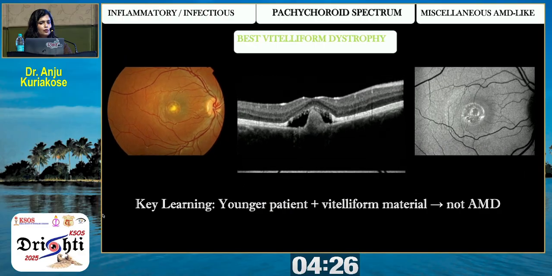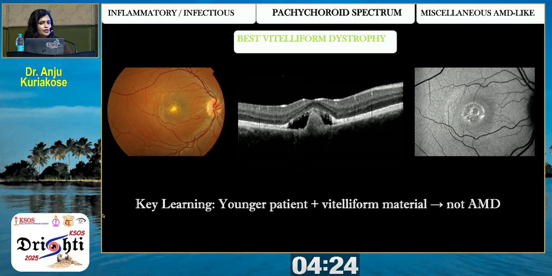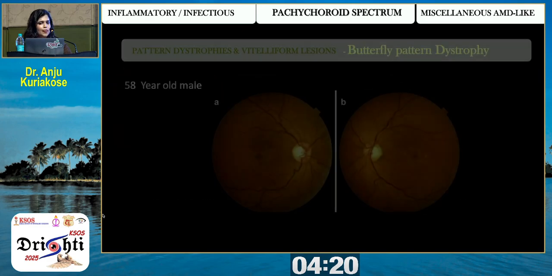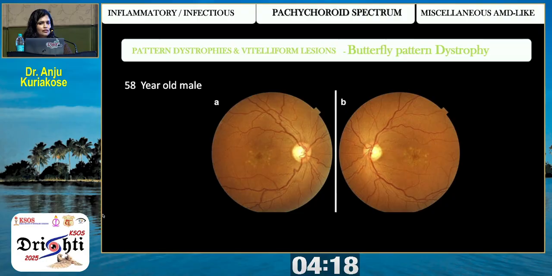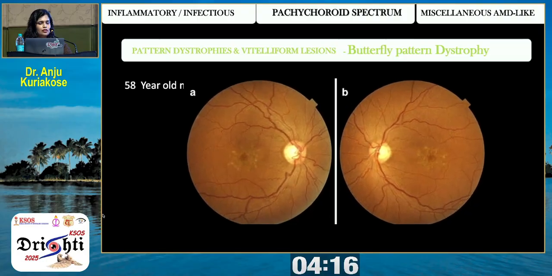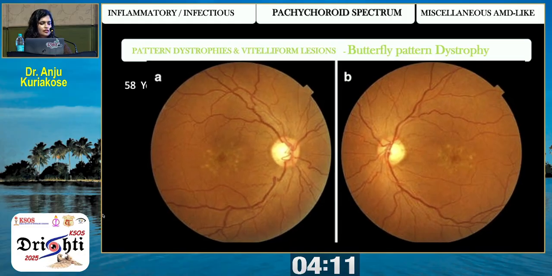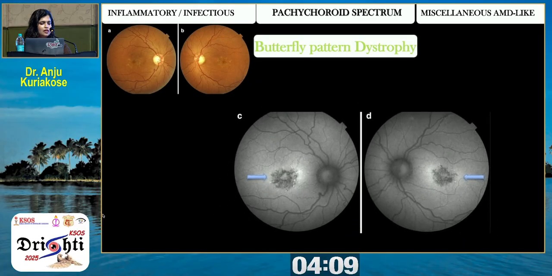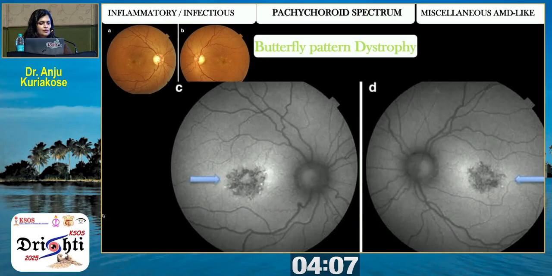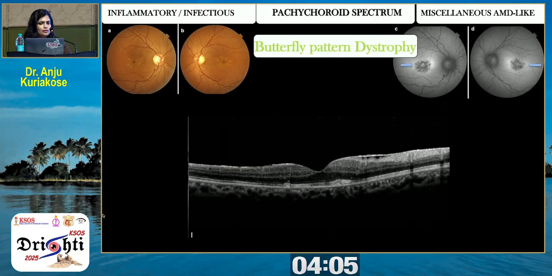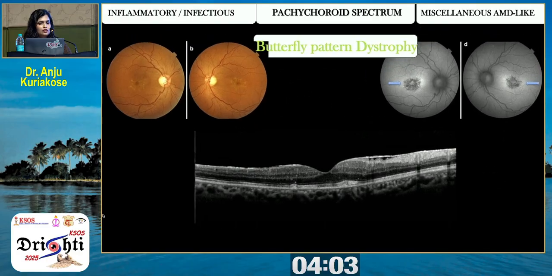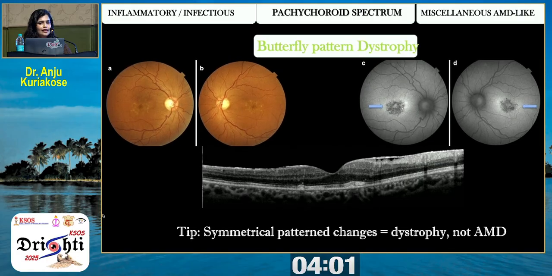The key learning point here is a relatively younger patient with vitelliform material. It's not AMD. Next is butterfly pattern dystrophy. Dystrophies are always bilateral. This will show a radial pattern, and the tip is symmetrical pattern changes with dystrophy. It's not ARMD.